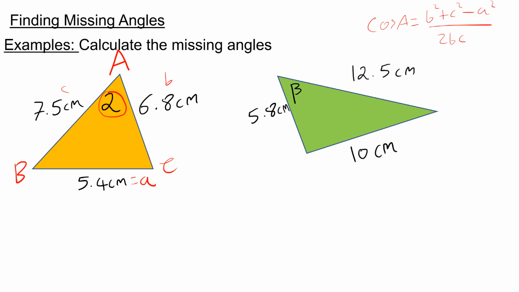So for the first one, let's use this. I have cos of a, so cos of alpha, equals b squared, which is 6.8 squared, plus c squared, 7.5 squared, take away a squared, 5.4 squared, over 2bc, so 2 times 6.8 times 7.5.